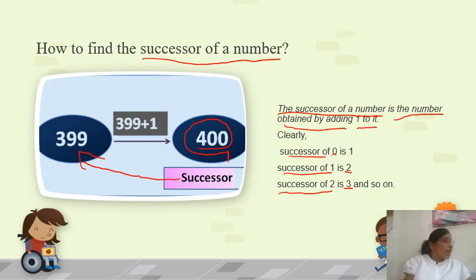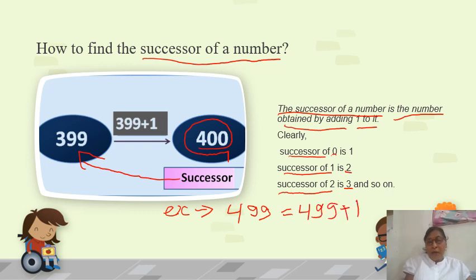Let's take another example. 499. If we add 1 to the number, we get 500. That is nothing but the successor of the number 499.